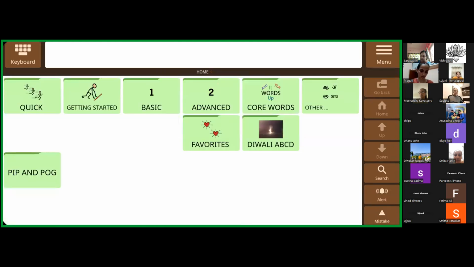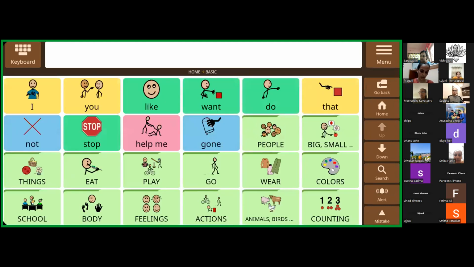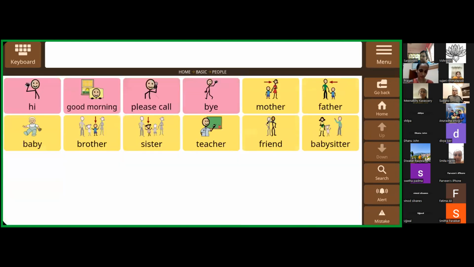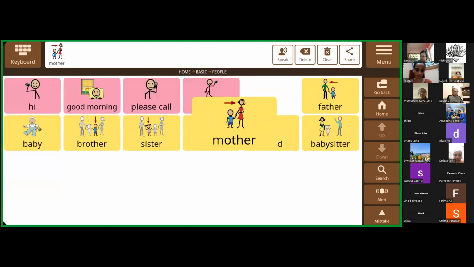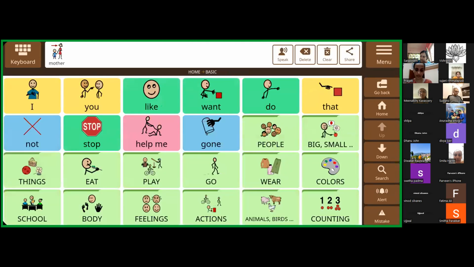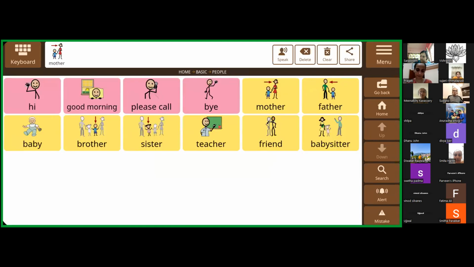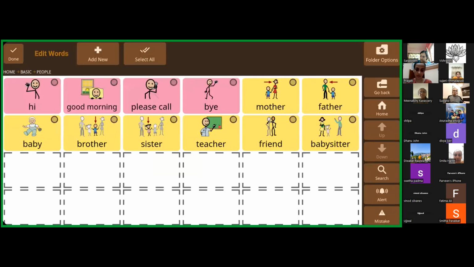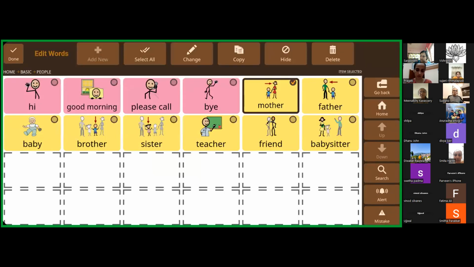And then I go to the basic and people. Okay. So here there are all these: mother, father, and all that. Okay, so I can edit that as well, right? So I go to the people. I edit words.